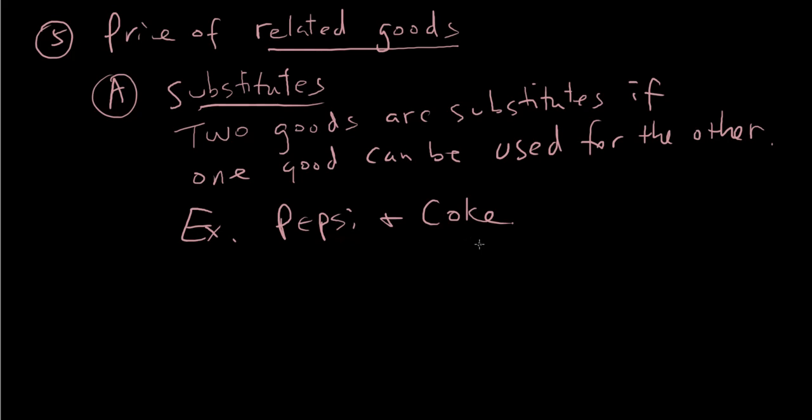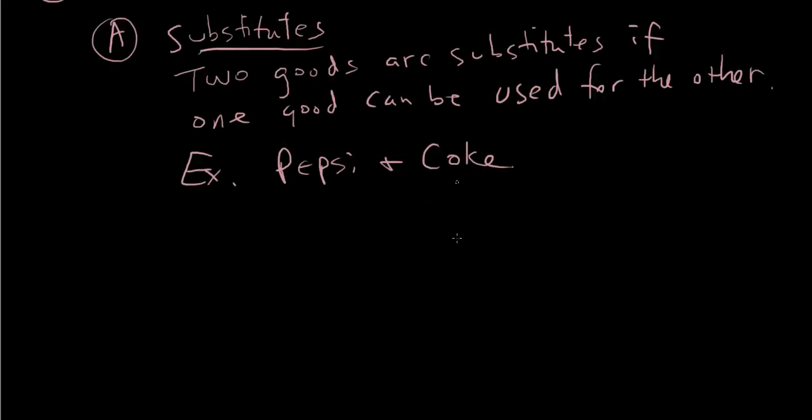And this is the first type of related goods, the substitute. Let's look at how a price change of one good affects the demand for the other good, right? So for example, let's look at the Pepsi market.